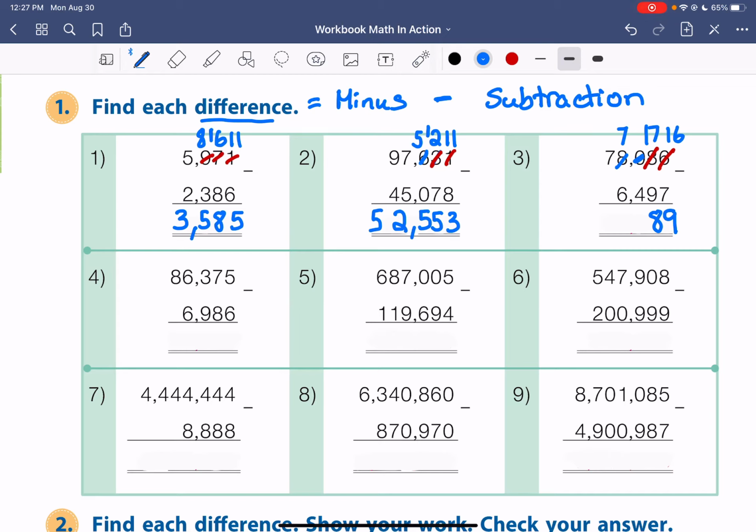This is going to become 9. Right? So 9 minus 4, we get 5. 7 minus 6, we get 1. Here we get 71,589. 71,589 is our answer.